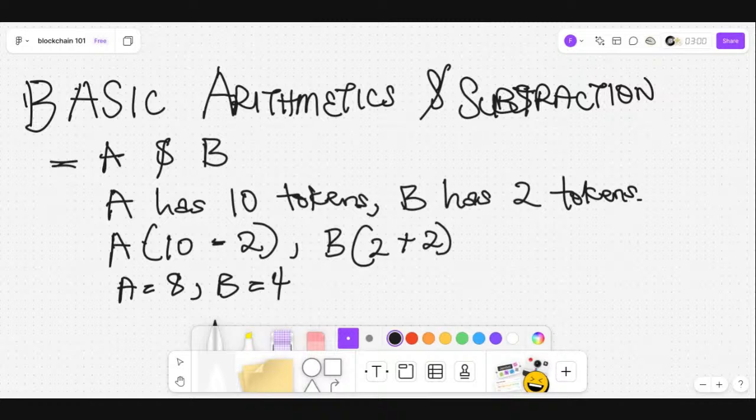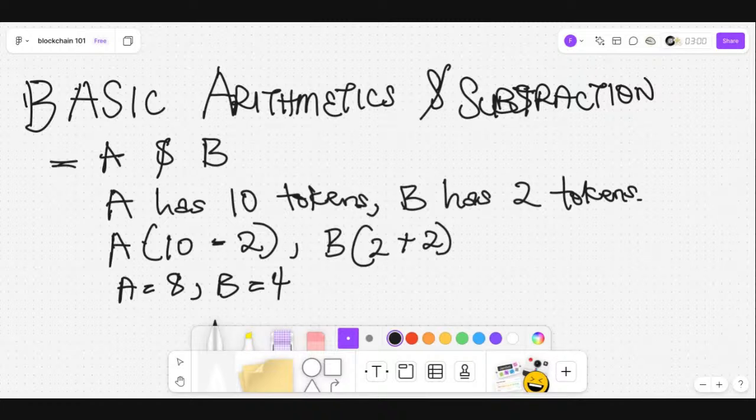The smart contract does not know what person A's account balance is or person B's account balance is. You need to handle it that if person A sends two tokens to person B, it should handle the fact that person B's tokens will increase. You get that?